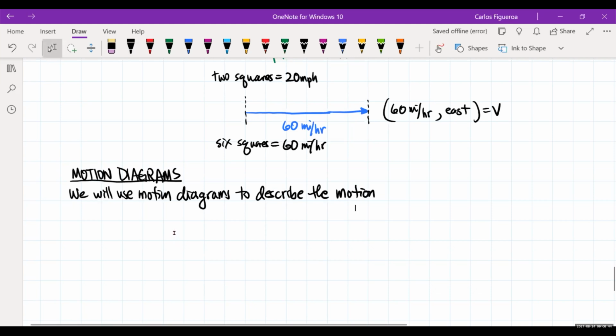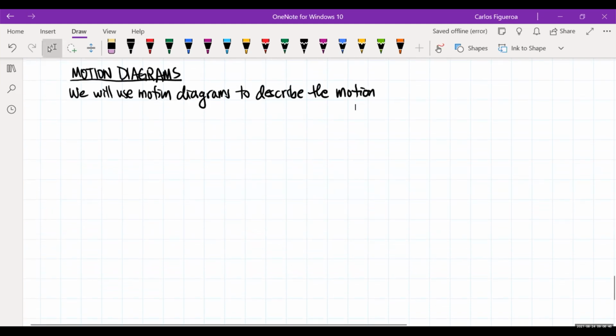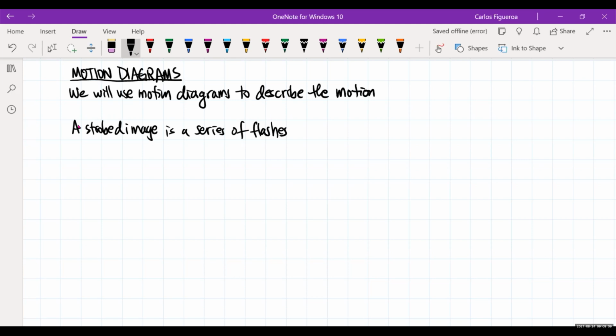Okay, so one of the things that I want to do here is think about what a strobe light does. A strobed image is a series of flashes and camera pictures.